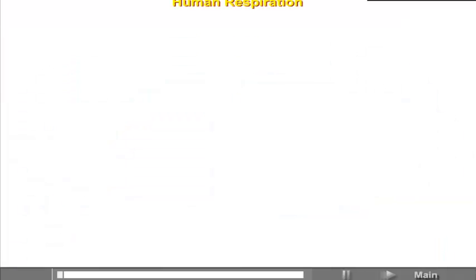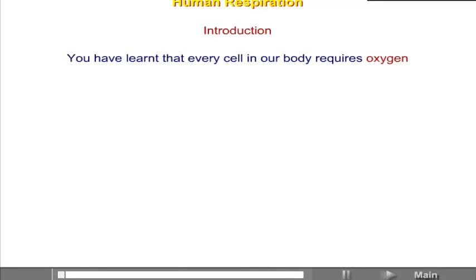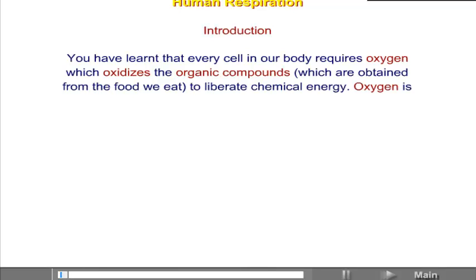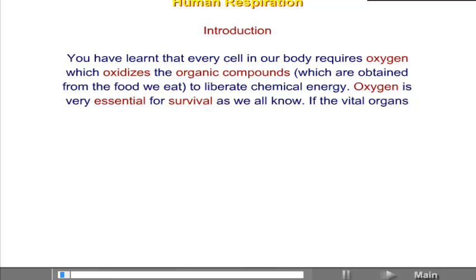Human respiration. Introduction. You have learned that every cell in our body requires oxygen, which oxidizes the organic compounds obtained from the food we eat, to liberate chemical energy. Oxygen is very essential for survival, as we all know.